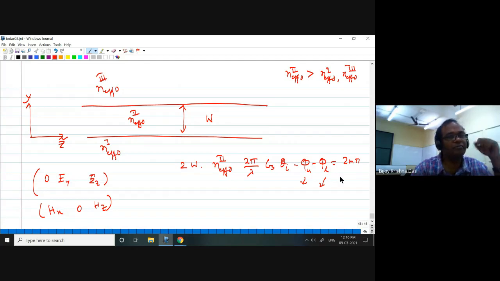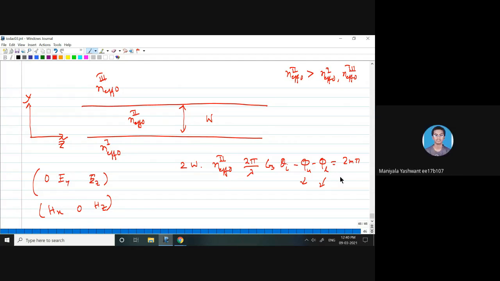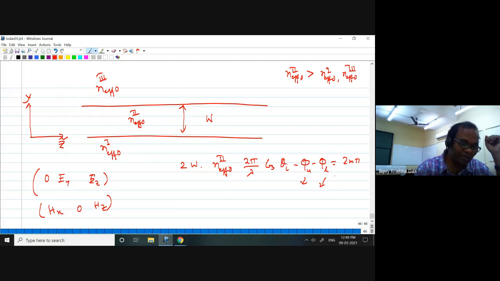TE or TM? TM, sir. TM. Because this is the YZ plane. You see the electric field is in the YZ plane. That is not tangential to the interface. So that means we have to consider the TM solution for this one.